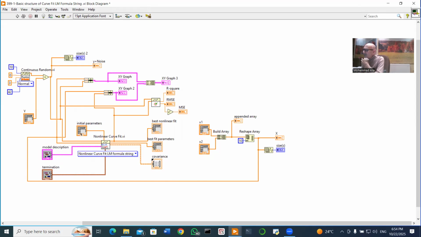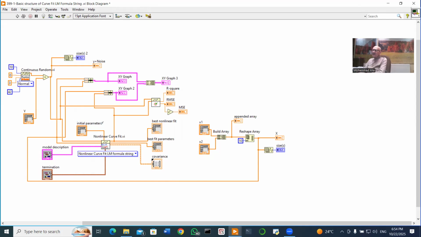Here it is important to note that this function's behavior and correctness depend, of course, on the initial parameters. And the engineer must, as much as possible, select them close or near to the true values.